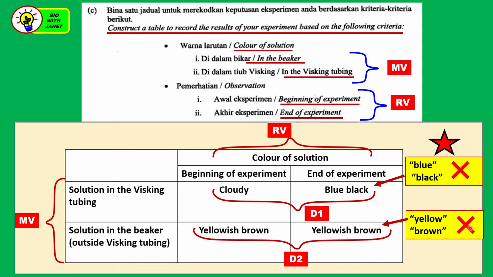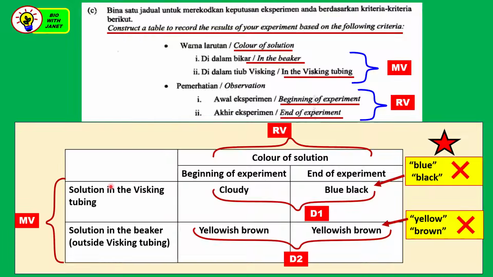You won't get your marks for the observation. So take note of the standard observation: blue-black for the iodine test, and the original color of the iodine solution is yellowish brown. It turns blue-black when it's mixed with starch molecules. So how is the marking done?